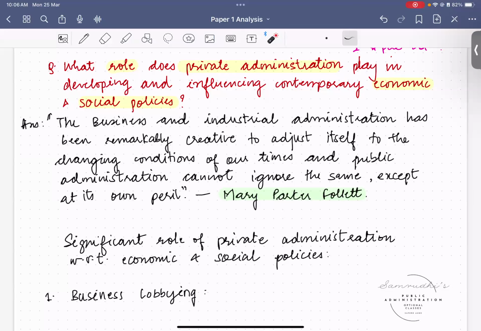So public administration cannot ignore that fact. If it does, it will be at its own peril. This establishes the kind of role that private administration plays, and the kind of influence that it has.